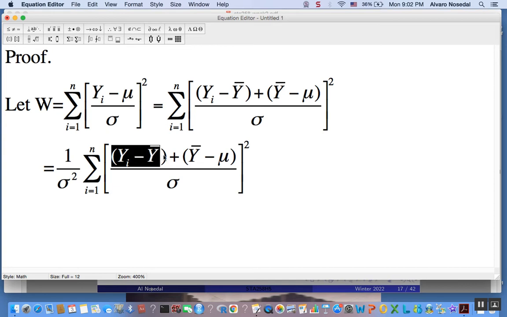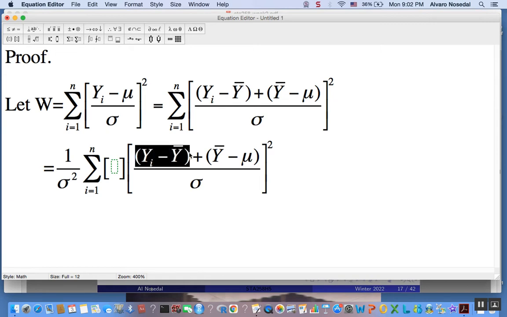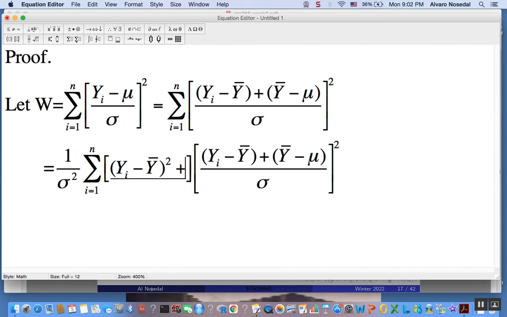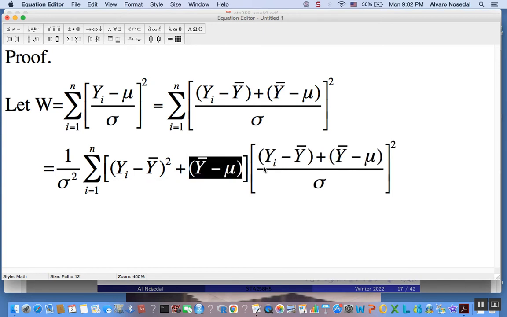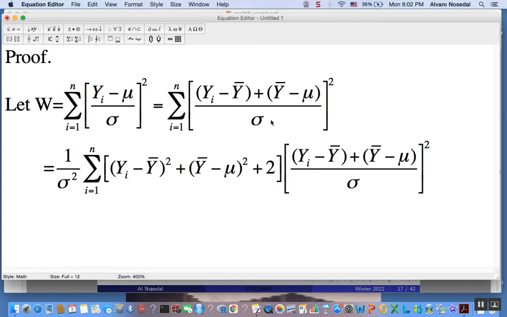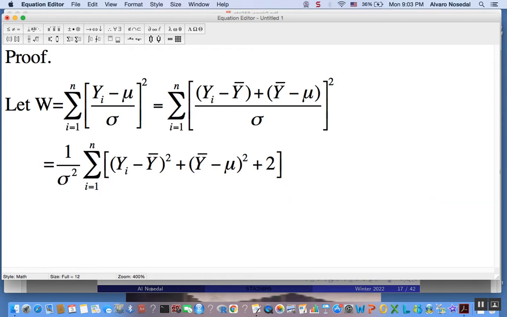What we're going to have here is yi minus y bar squared plus y bar minus mu squared plus 2 times the cross product, this times this.